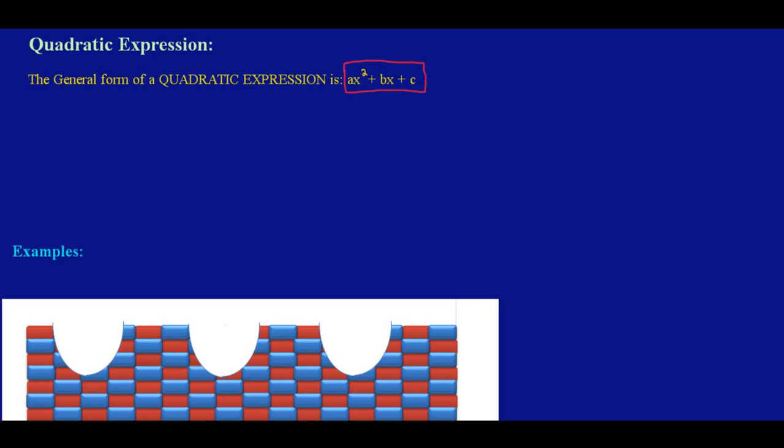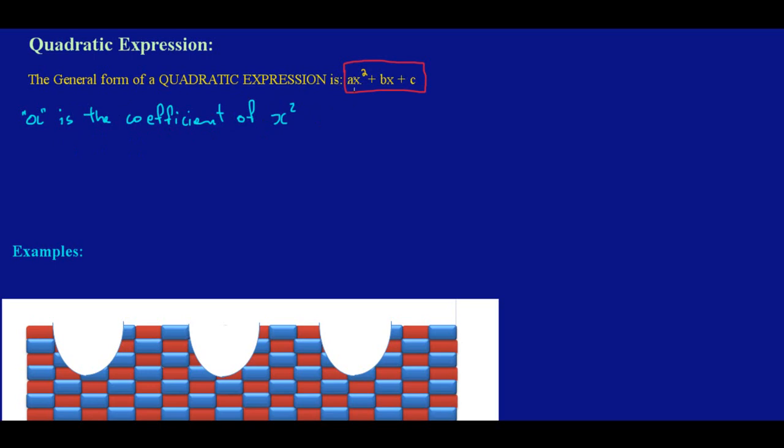So we can make some very important notes here, that a represents the coefficient of x squared. Okay, and as we have learned in previous lessons, the coefficient means the number that is before the variable, that is multiplying the variable.